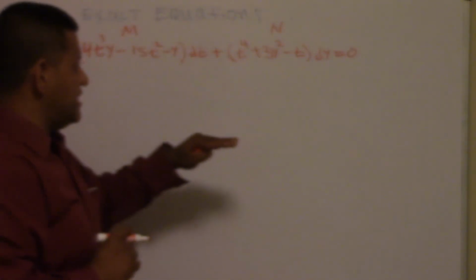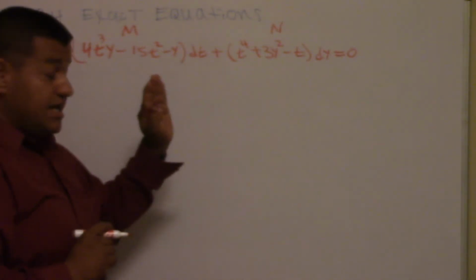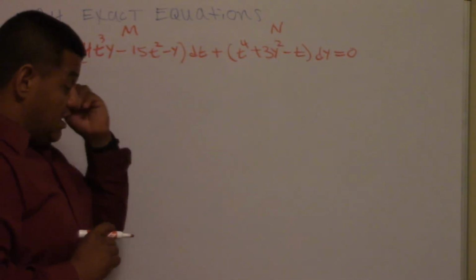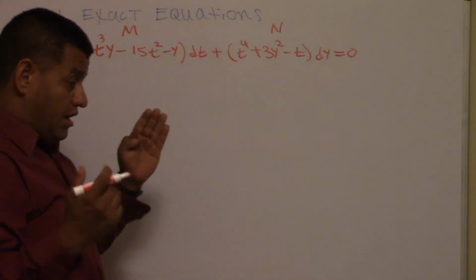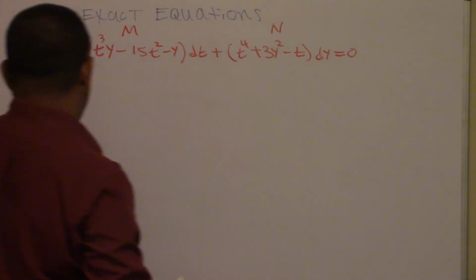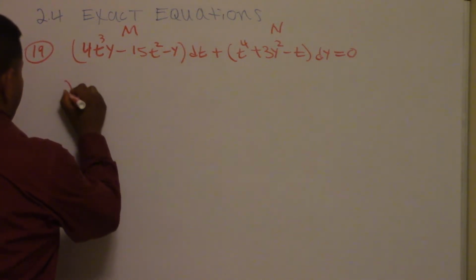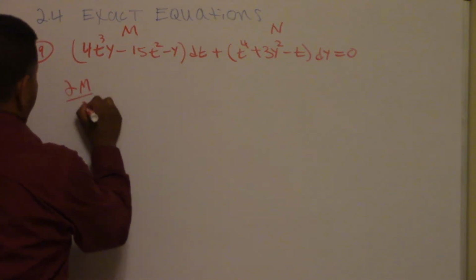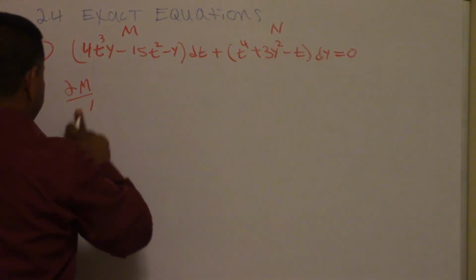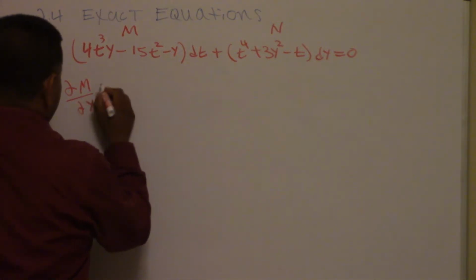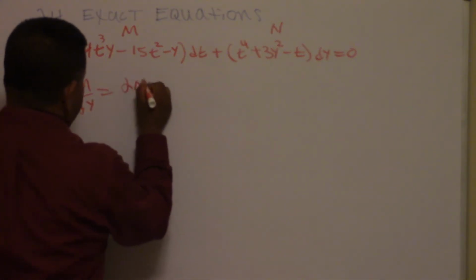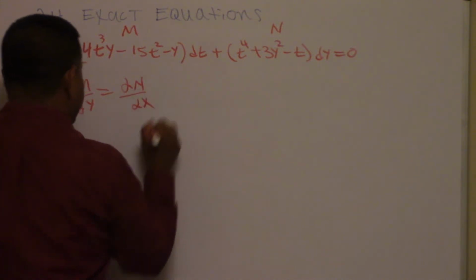Now, I am going to take the partial derivative of both of these and see if I can make them satisfy this equation: partial m over partial y equals partial n over partial x, okay?